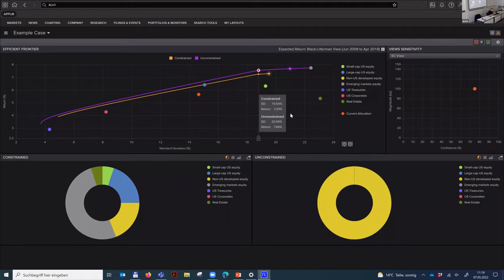Meaning those corner portfolios that I've explained to you before, theoretically, exist in reality if you do optimization. A portfolio somewhere here.